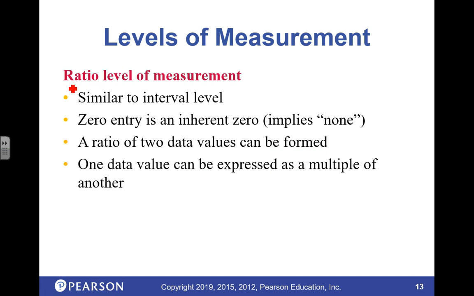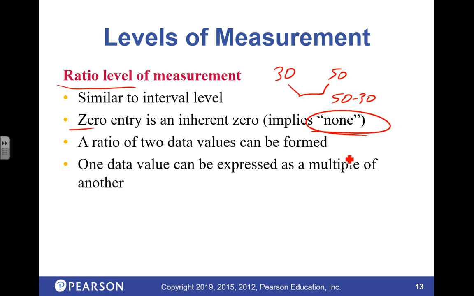On the other hand, ratio levels, they do have gaps that are important. The difference between one number and the next, that quantity does have significance. Unlike ordinal, the difference is important, but zero does imply none.